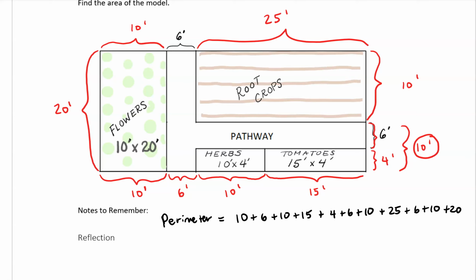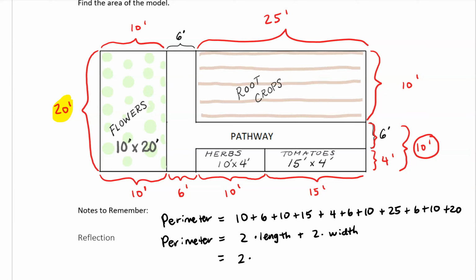Because this is a rectangle, we know that the perimeter of a rectangle is equal to 2 times the length plus 2 times the width. So you could either add up all of those numbers or we can find the length and the width. So let's do 2 times, we know the length is 20 here. We're given that whole section of the flower bed.